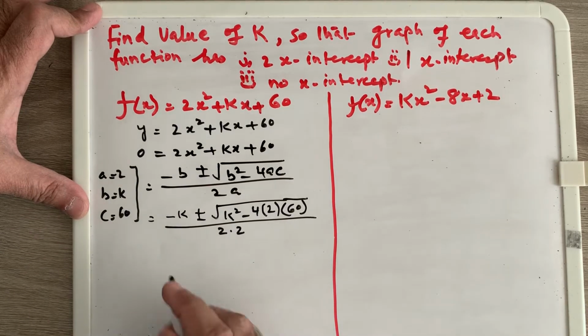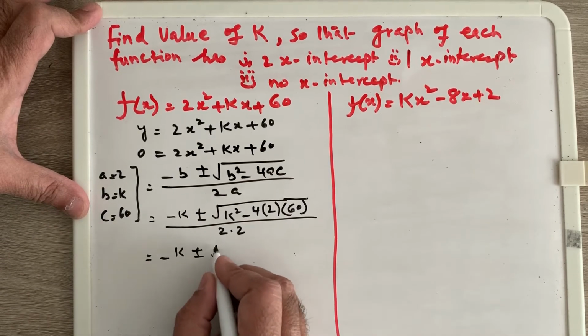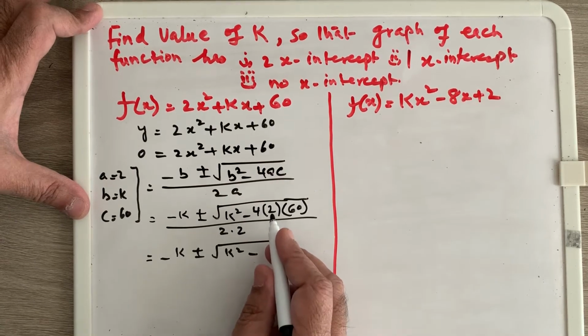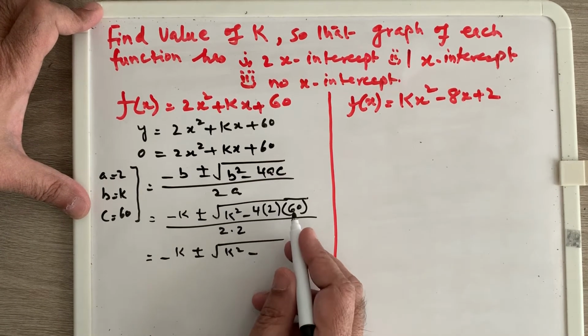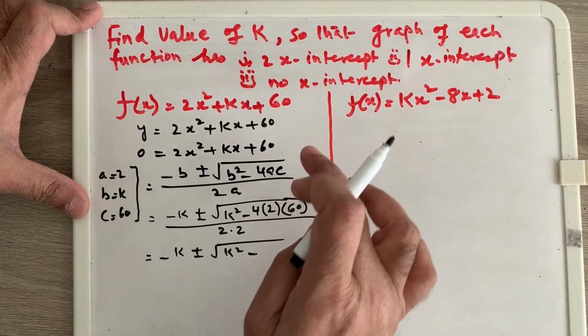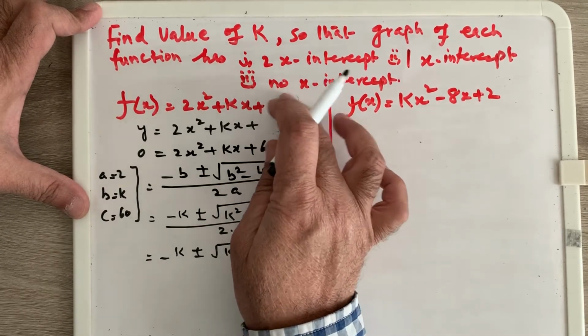So we have minus k plus minus under the root k square minus 4 times 2 is 8, 8 times, oh, it was 60. It was 50. So I wrote a wrong question. Here it is 50.